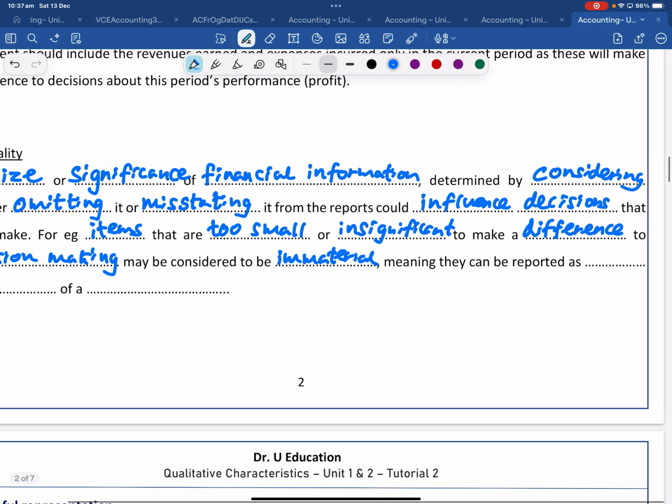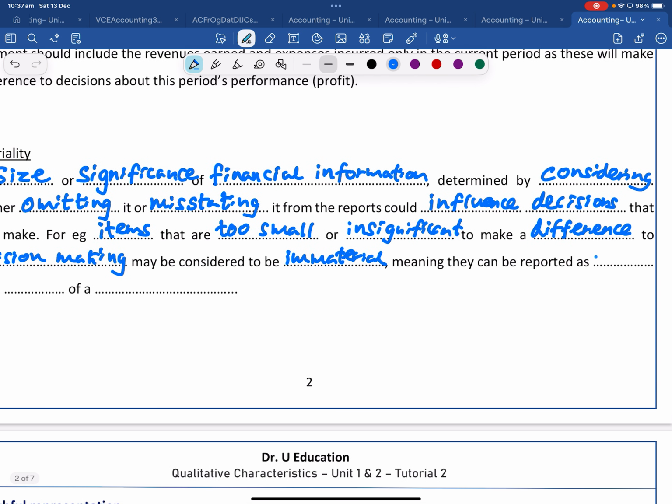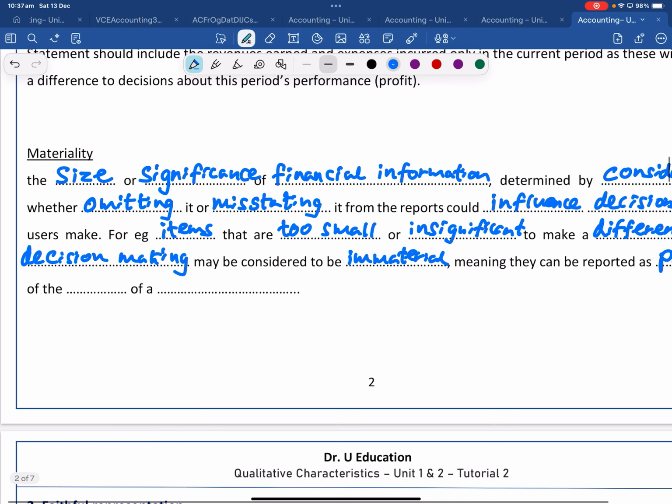Meaning they can be reported as part of the value of a larger item.